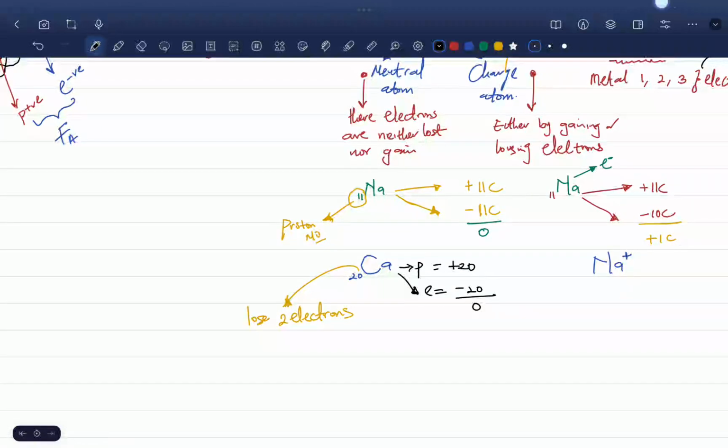Now, in the case of calcium, you agree with me that calcium has the shell configuration of 2, 8, 8, and 2. If you observe closely, you will know that it has 2 free mobile electrons, which are going to be given off.